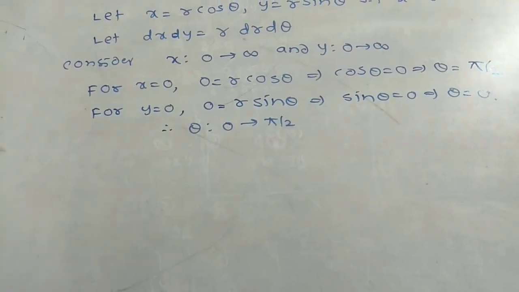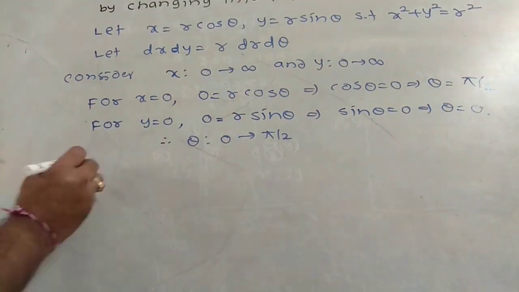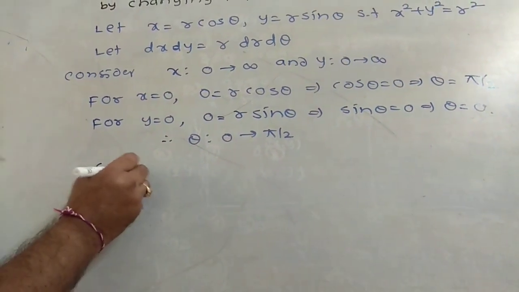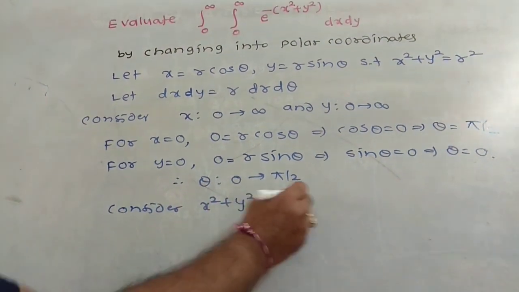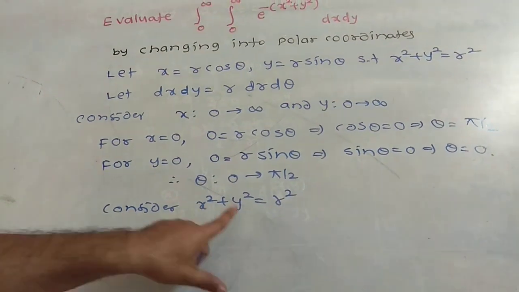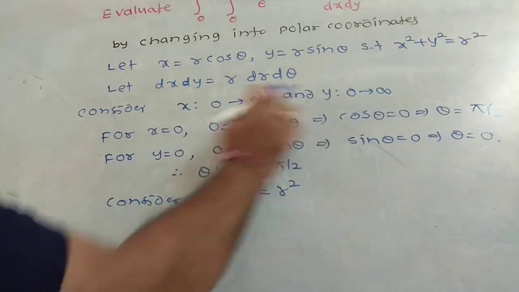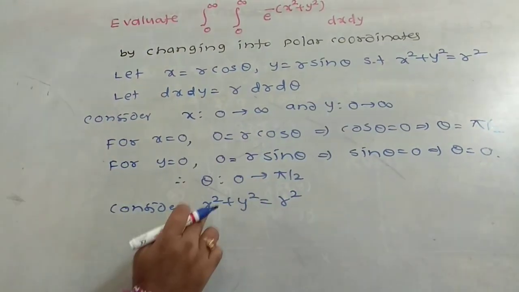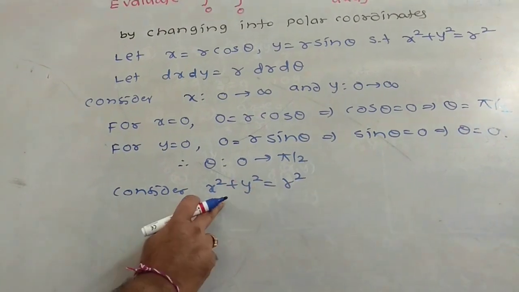One variable is over. Now we need to calculate the r limits. To find the r limits, consider the equation x square plus y square equal to r square and substitute the limits of x and y. Substituting the lower limits 0 and 0, what will be the r square value? 0 only.